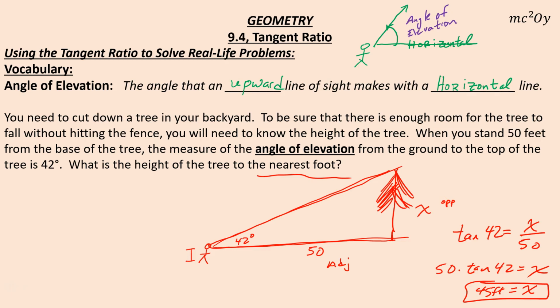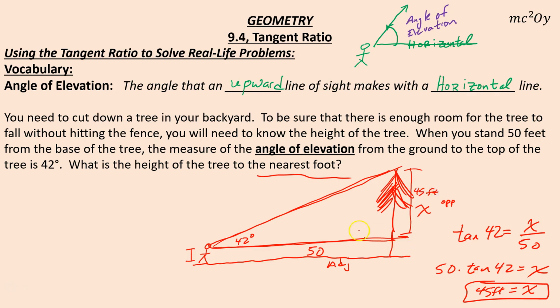So if we were in a true horizontal line, this is the answer to the problem we're dealing with. But if we're dealing in reality, and obviously the picture is not to scale, that would mean 45 feet stretches from here up to here. We'd also have to add on the height of the person.